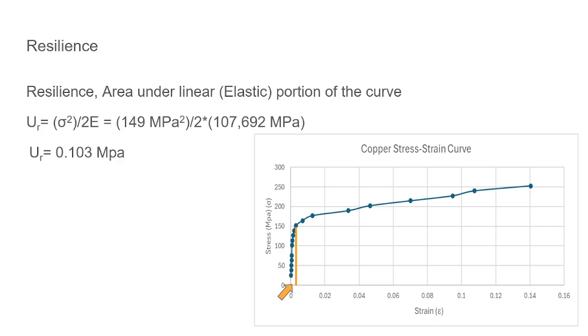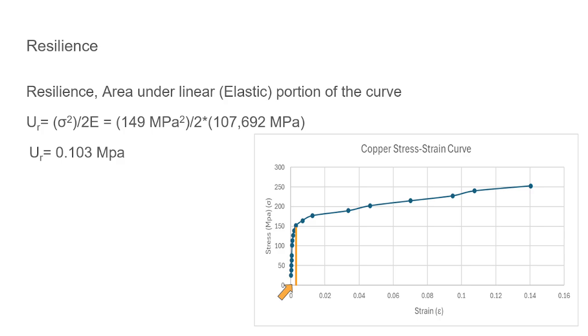Then resilience is the area under the elastic portion of the curve. So that's given by this formula here. U of R equals sigma squared divided by 2 times Young's modulus. The sigma value was the highest number where it intersected.